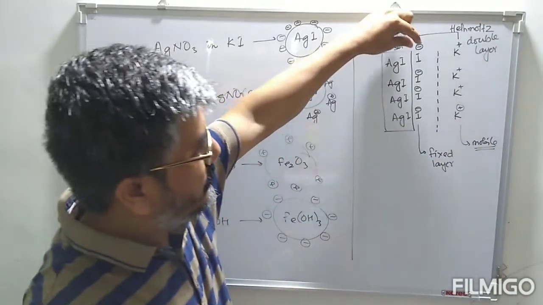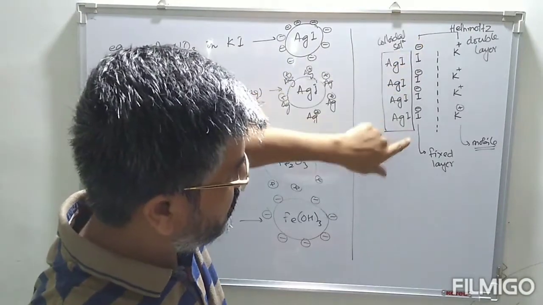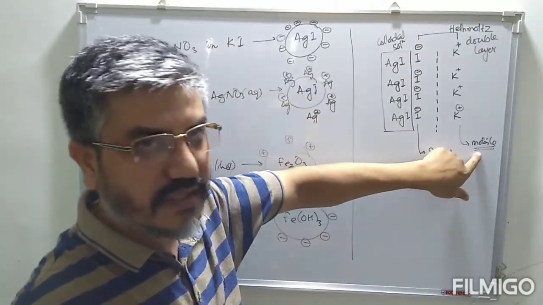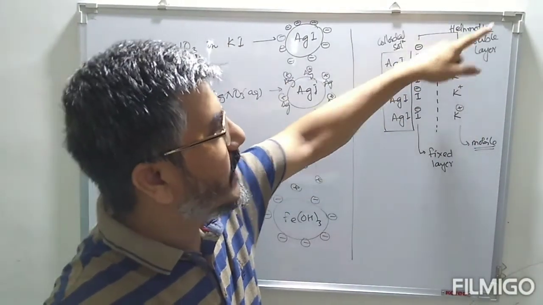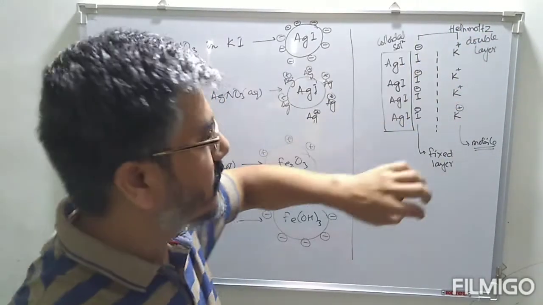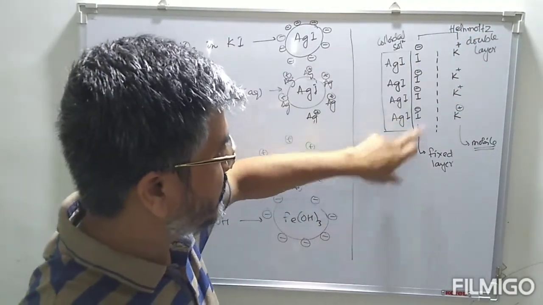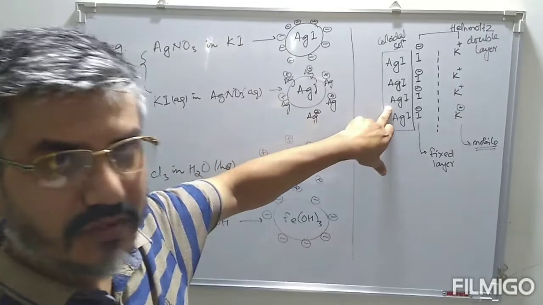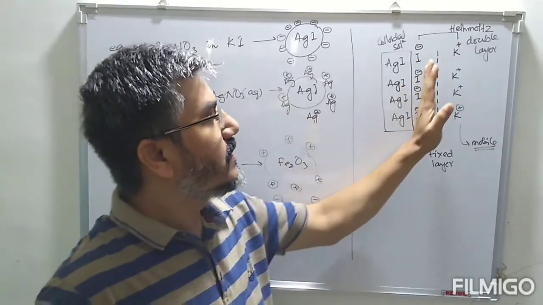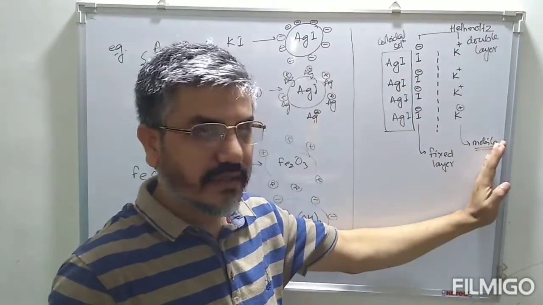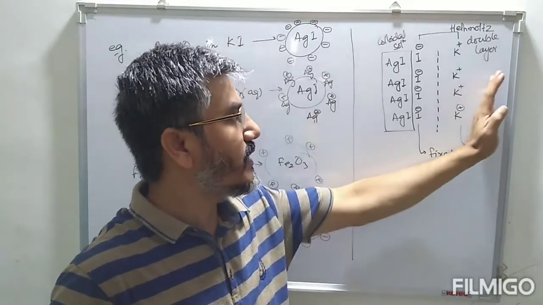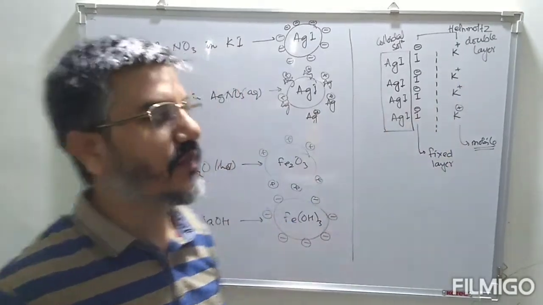Development of charges between the fixed layer and mobile layer is known as Helmholtz double layer. So the double layer is one fixed layer, which is directly adsorbed on the surface of the colloidal particle, and the other layer is known as mobile layer, which is the counter ion attracted by the fixed layer.